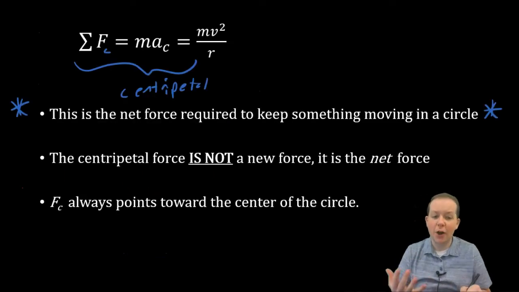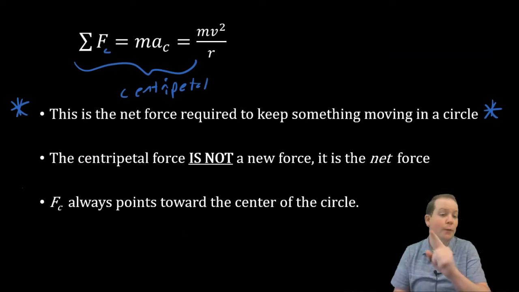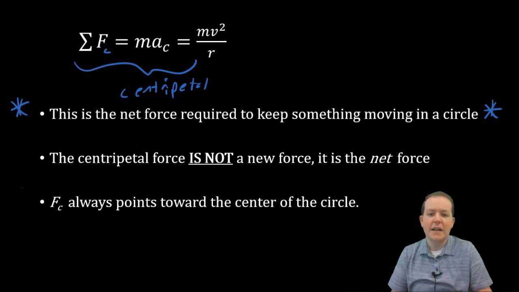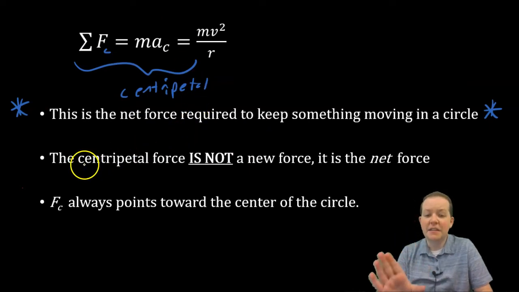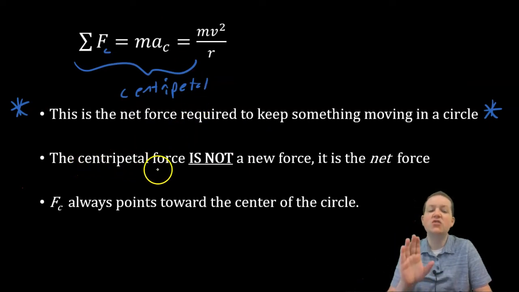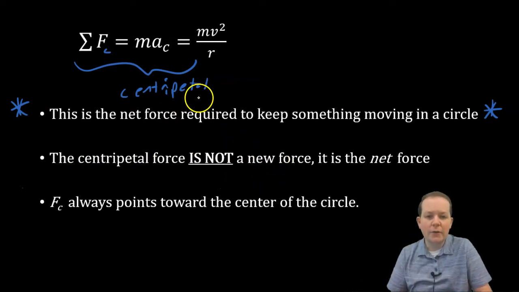Next slide, just building off of this, all right? Some important ideas about using Newton's second law for objects moving in circles. This is the net force required to keep something moving in a circle, as I discussed. The centripetal force is not a new force. When we are talking about centripetal force, I know I'm switching colors, but oh well.